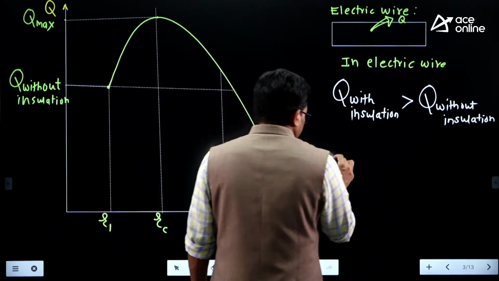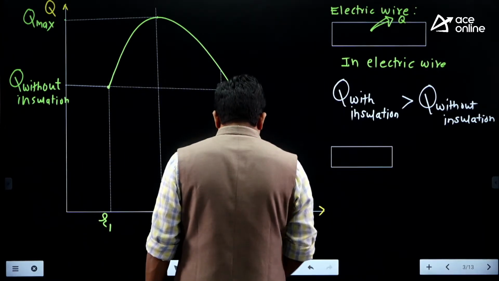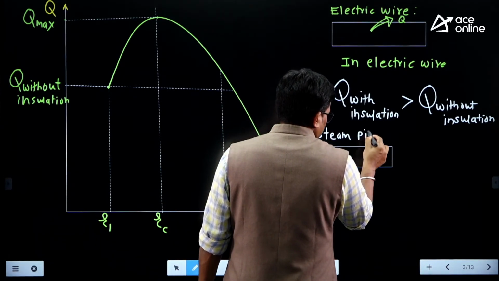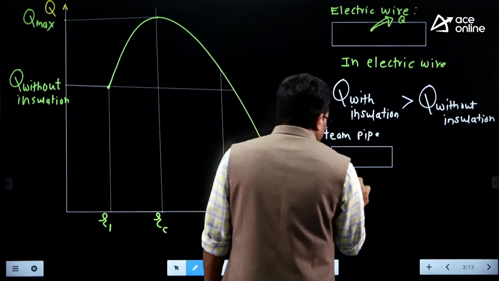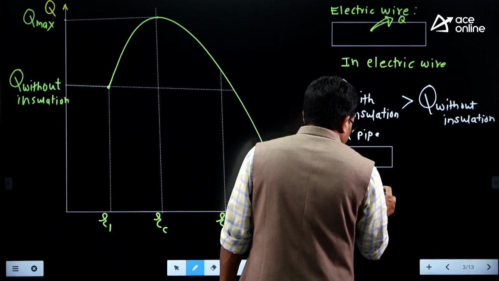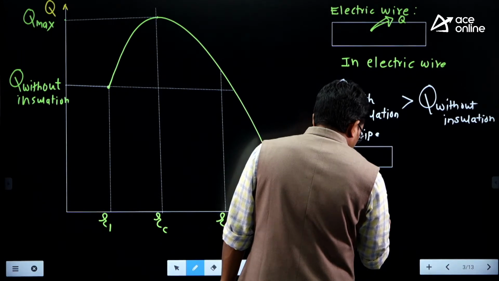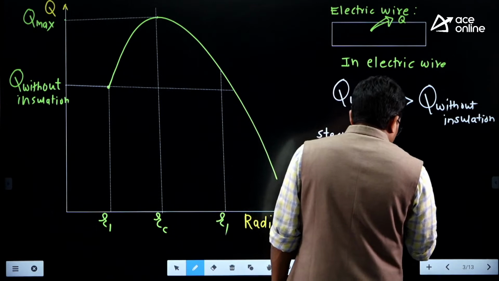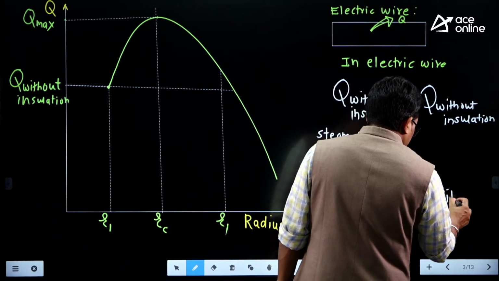And second thing, suppose if there is a steam pipe. Okay, what you will say? Q with insulation, listen carefully, is less than Q without insulation.